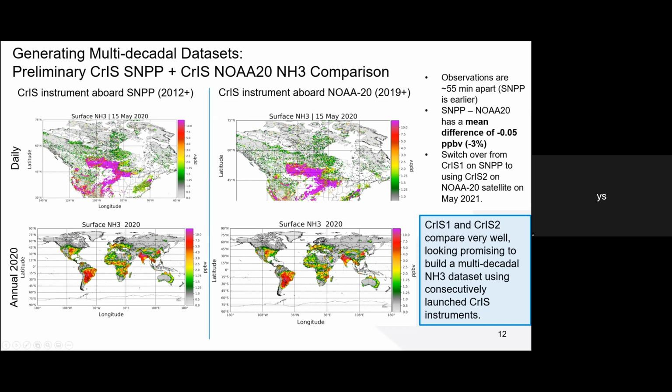There are some slight differences due to the different observation times, but it's pretty minimal. There's a mean difference of negative 0.05 parts per billion, or in relative terms, negative 3%. The preliminary results look pretty promising, and we hope to use NOAA-20 to continue where the S&P data set left off in May 2021, and to create a multi-decadal ammonia data set using consecutively launched CrIS instruments.